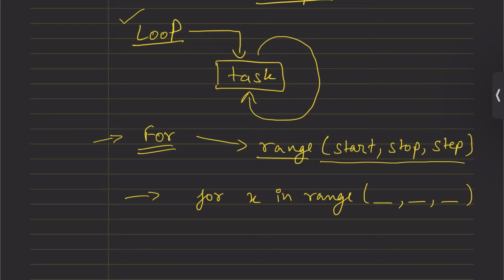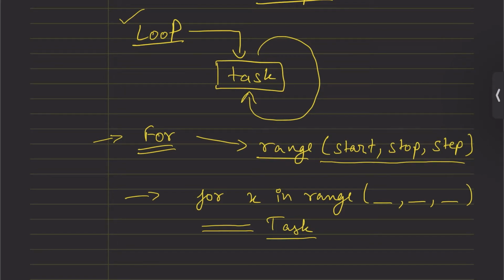After writing the for statement, what do you do? You put an indent in the next line by pushing the tab button on your keyboard, and you write the statement. You can write a statement or a number of statements, or I will say the task you want to perform, after using the indent.